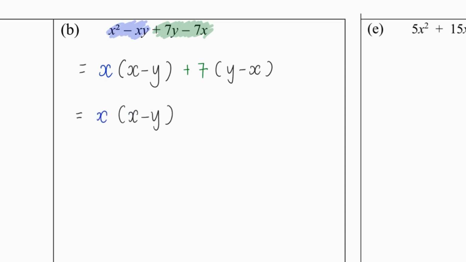Instead of writing positive y minus x, the equivalent form of this would be negative, still got the 7, x minus y. So I have to repeat, positive y minus x and negative x minus y. They are what we call equivalent terms.